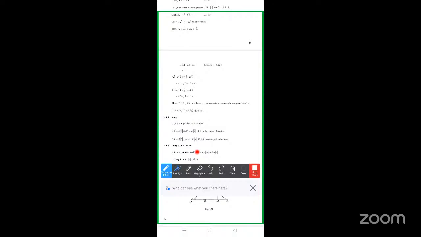Next, if the two vectors are parallel to each other, A dot B equals mod A into mod B in the same direction, and A dot B equals minus mod A into mod B in the opposite direction.